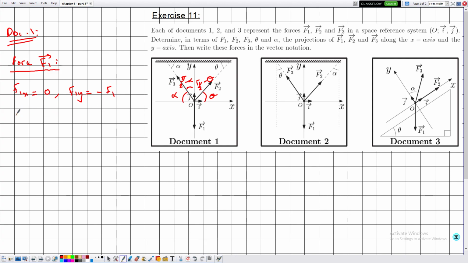So the vector notation of F1, which is F1x multiplied by the unit vector i plus F1y multiplied by the unit vector j, is equal to 0i minus F1j, which is minus F1j. So the F1 vector is equal to minus F1j.